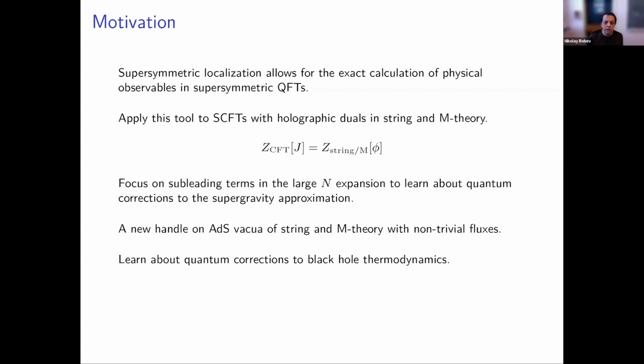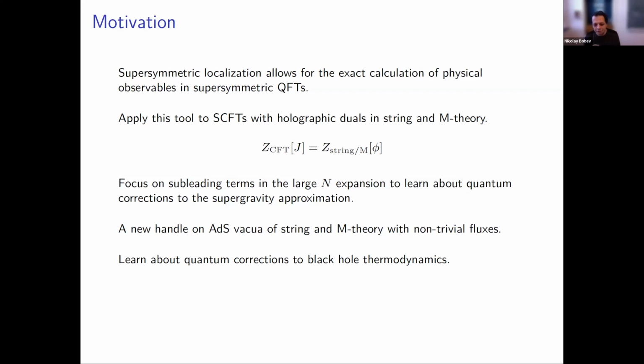And in addition, in asymptotically anti-de Sitter space, you can have a black hole. And in those instances, you can use the left-hand side here to try to learn about the properties, the microscopic structure of black holes, to understand the thermodynamics of a black hole. So that's kind of the broad motivation.